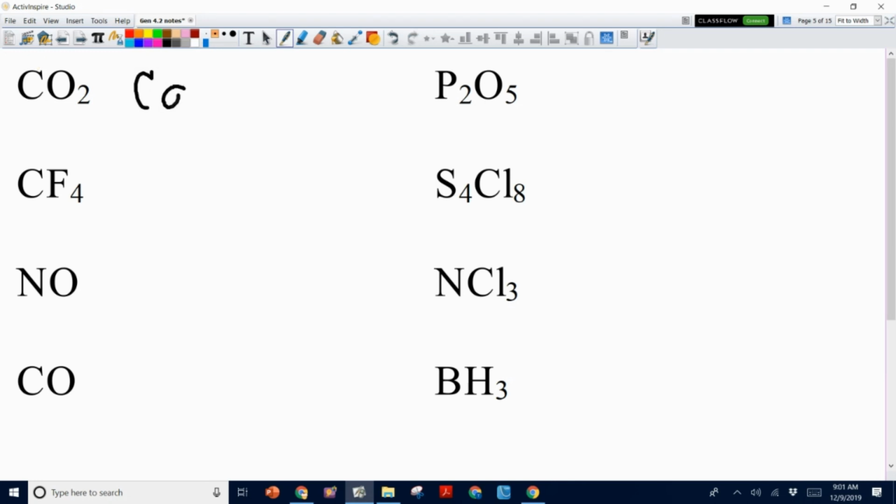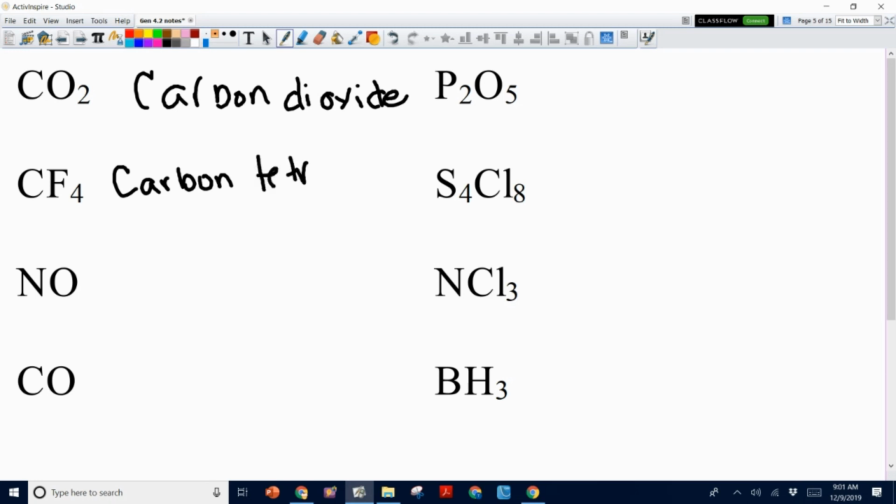So this first one is going to be carbon dioxide, carbon tetrafluoride, nitrogen monoxide, carbon monoxide, diphosphorus pentoxide, tetrasulfur octachloride, nitrogen trichloride, boron trihydride. All right, so each one of those is named.